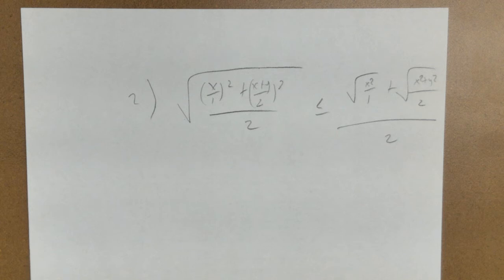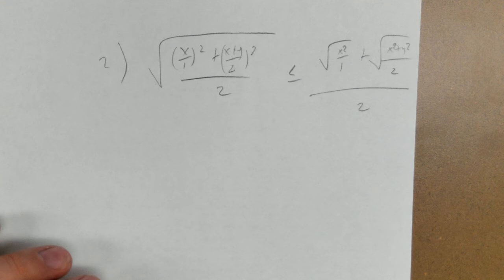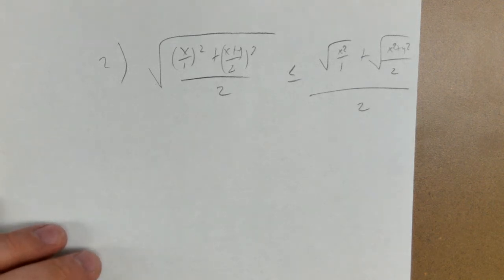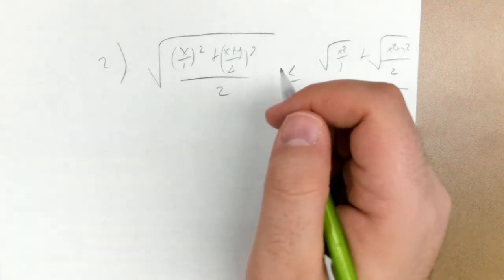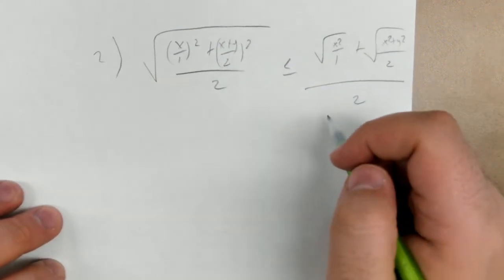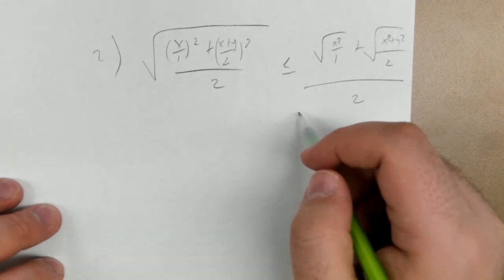Okay, so as long as I do algebra to both sides of an inequality, it stays the same, as long as you're doing algebra moves and not inequality moves. I'll explain what I mean by that after the end of this problem. So this inequality, I can rewrite this.